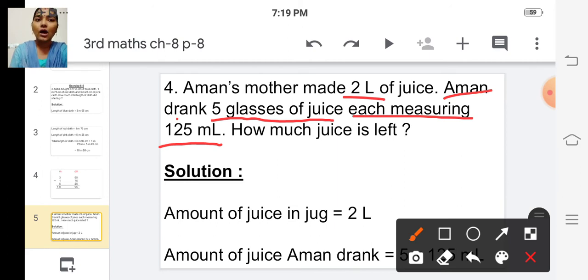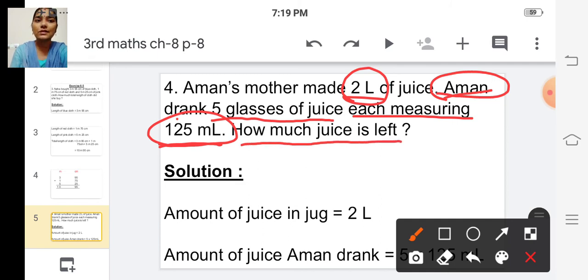So out of 2 liters, Aman drank 5 glasses, each measuring 125 ml. Then how much juice is left? So we are going to find out the remaining amount of juice.